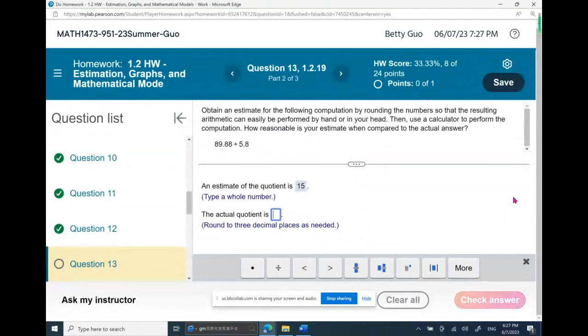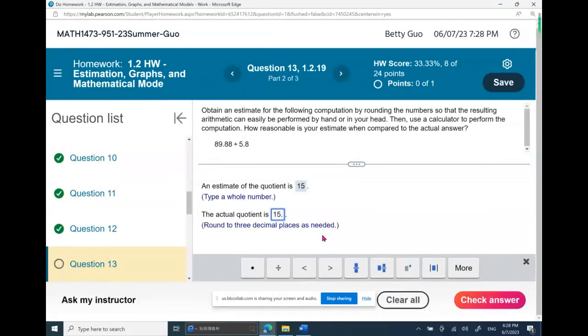Actual quotient using calculator, 89.88 divided by 5.8. Round to three decimal places as needed. Yeah, you're going to have many digits, right? So how do we round it?